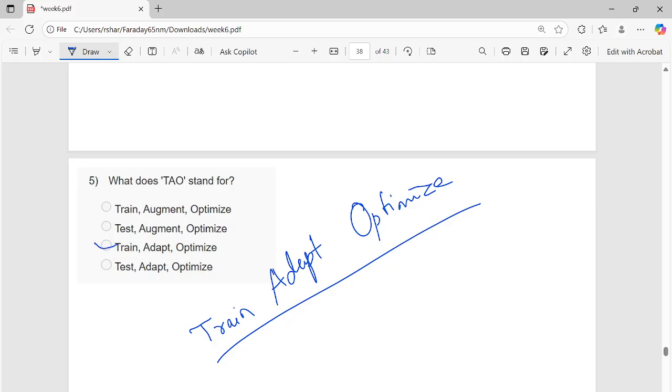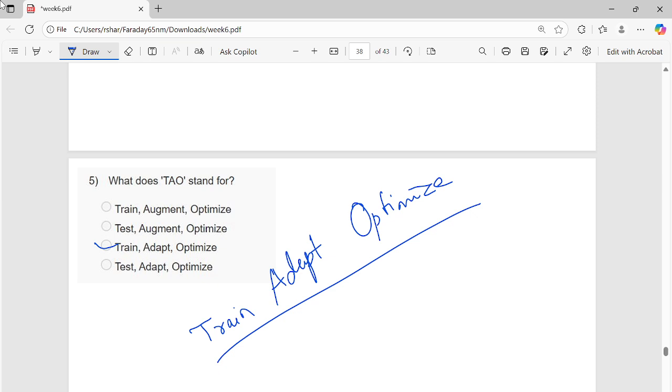Option C, train, adapt, optimize. So TAO stands for train, adapt, optimize.